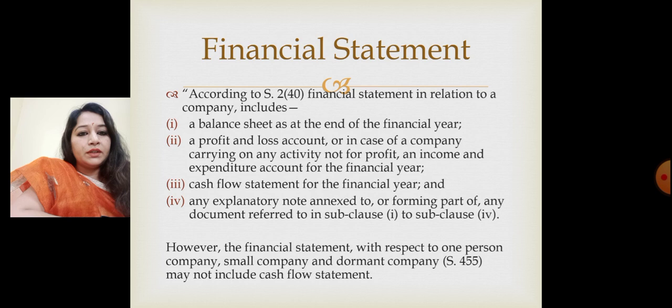Starting with this, according to the Act, a financial statement in relation to a company includes a balance sheet as at the end of the financial year, a profit and loss account, or in case of companies carrying on any activity not for profit, an income and expenditure account for the financial year, cash flow statement for the financial year, and any explanatory notes annexed to or forming part of any document referred to in the sub-clauses.